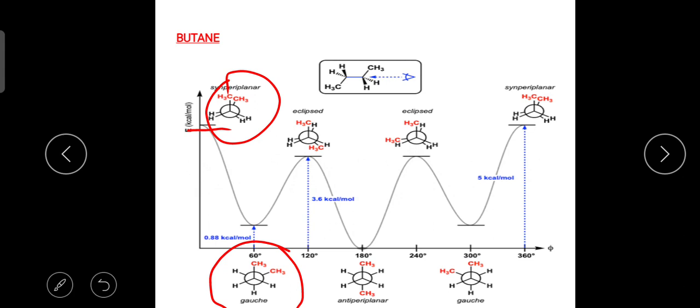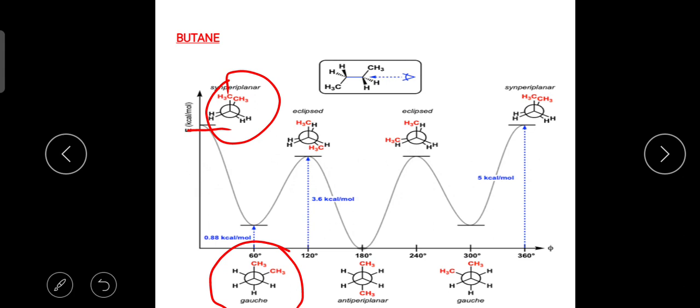You know, when the torsional dihedral angle between two methyl groups is 60 degrees, it is the gauche conformer. Here the repulsion is quite lower than in the eclipsed structure, so the energy of the gauche conformer is lower than that of the eclipsed conformer.